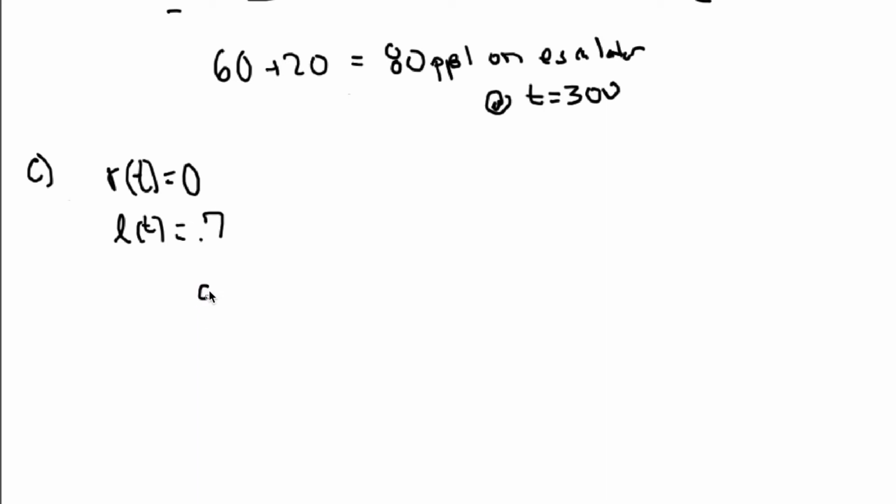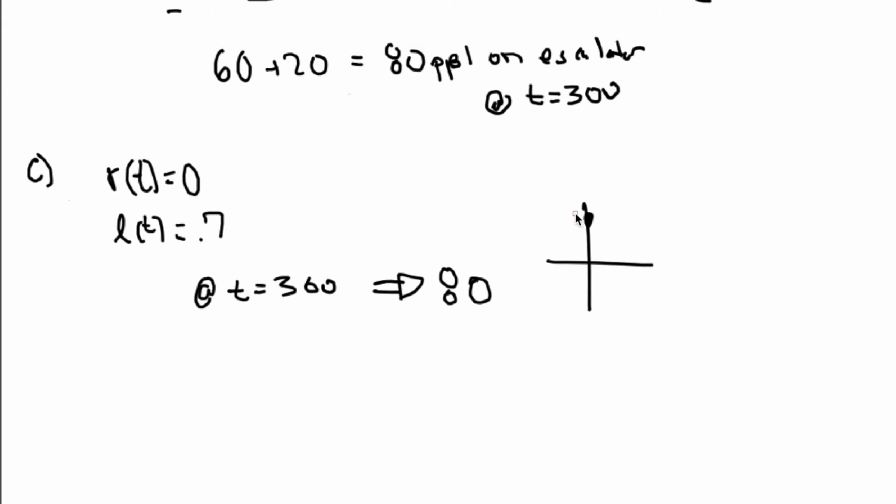So we know that at time equals 300, from part B, we have 80 people currently on the escalator. If you look at it as a function, we have 80 people that we start off with, and every second we lose 0.7. So we want to know really what this point is.